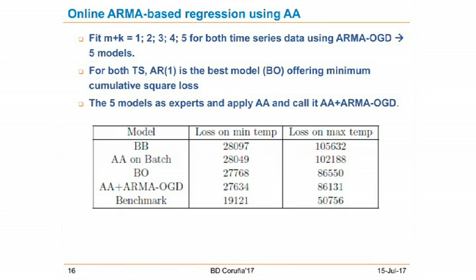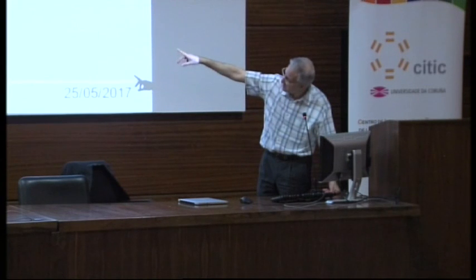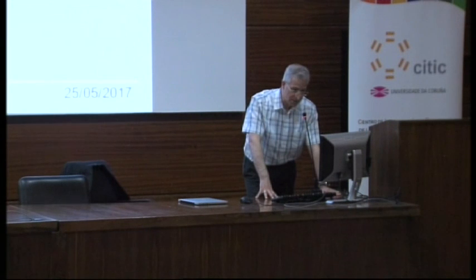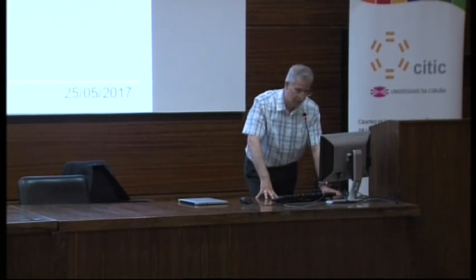The benchmark which we trained offline is of course the best, but AA plus ARMA with stochastic gradient descent is far better than the best batch, or the second version, which uses AA on batch learning, and BO is the best online learner. So it's quite competitive. Here we see that in such a context, online learning provides very competitive results against standard offline learning.